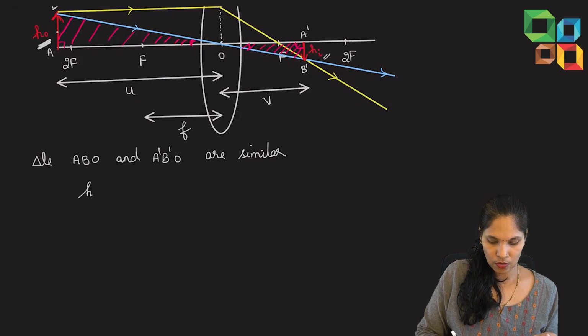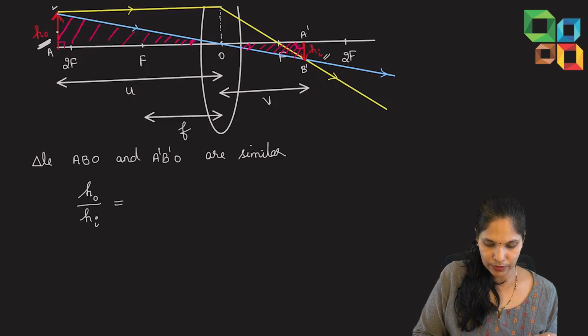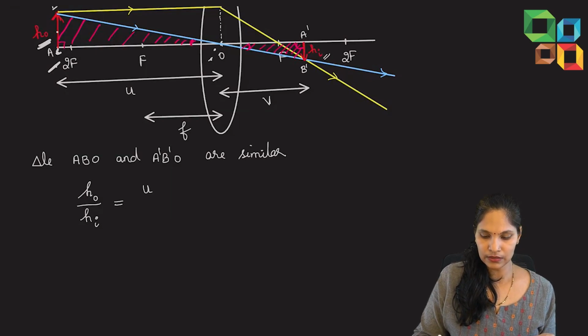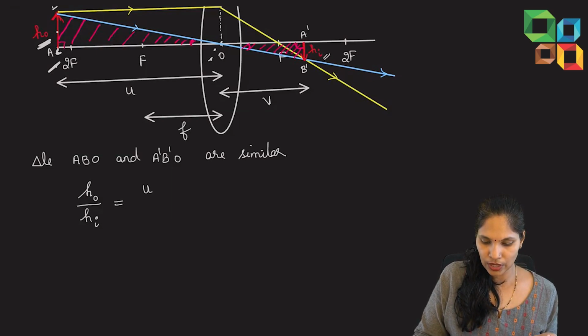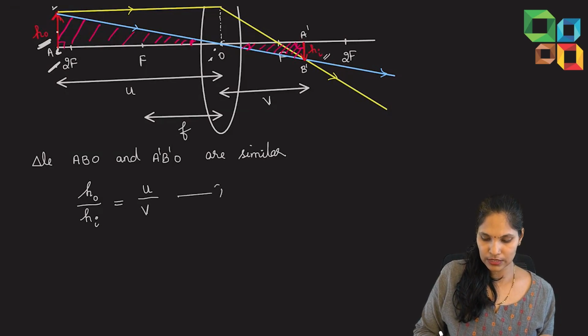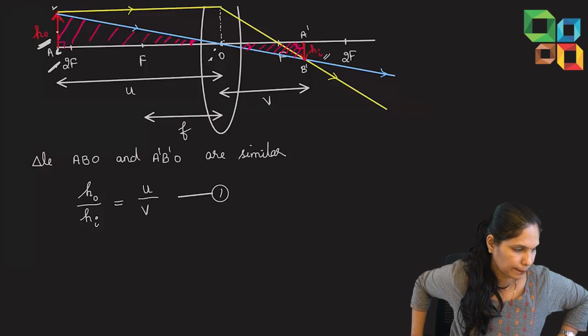So HO divided by HI equals the horizontal length from here to here, AO, which is equal to U in the first triangle. Correspondingly, in the second triangle you have A dash O, which is nothing but V. Let's call this equation 1.